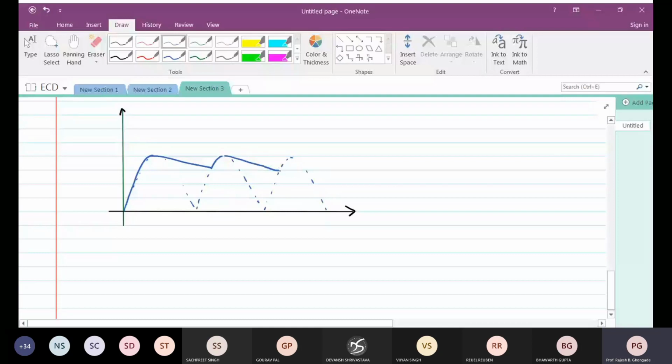These are going to be the ripples. This is the peak voltage. This is the minimum voltage. And this is going to be the peak ripple voltage, V ripple, peak to peak.